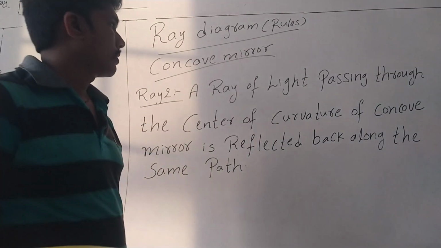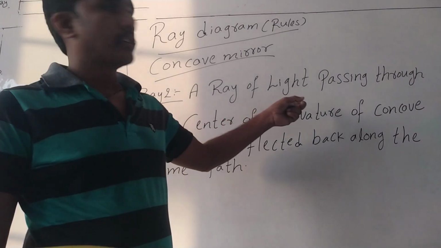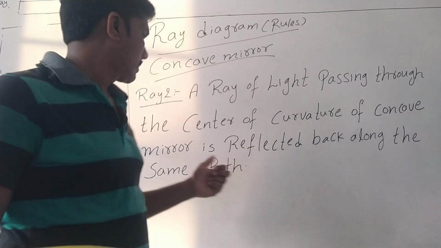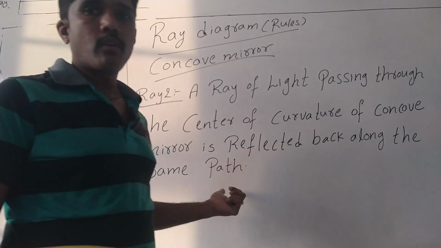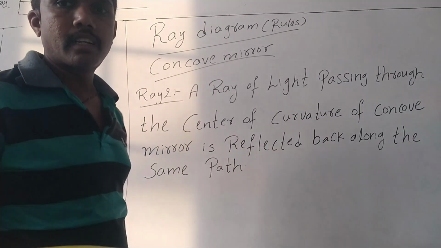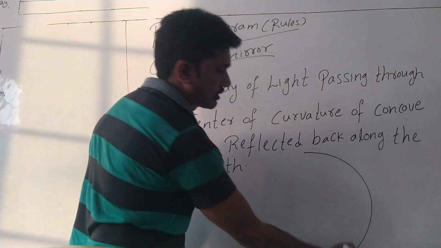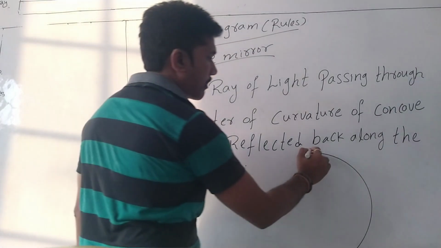Now see this. A ray of light passing through the center of curvature of a concave mirror is reflected back along the same path. Clear? That is ray 2. You can draw a diagram like this. This is a concave mirror.